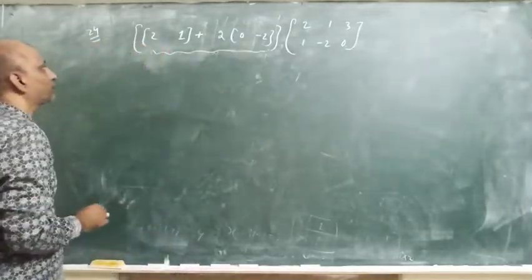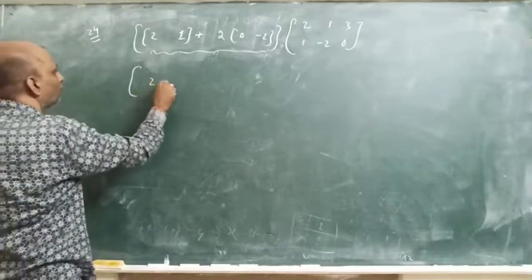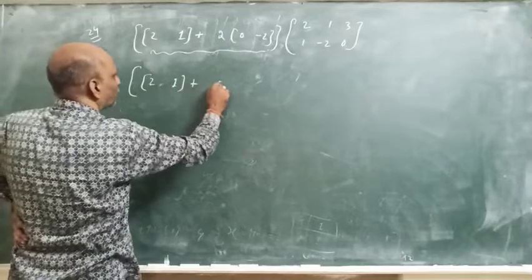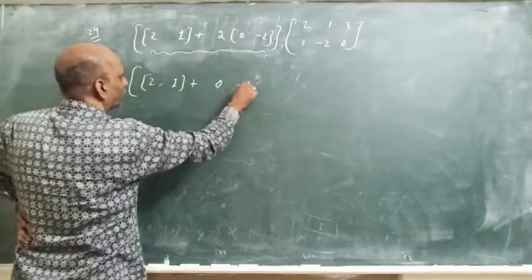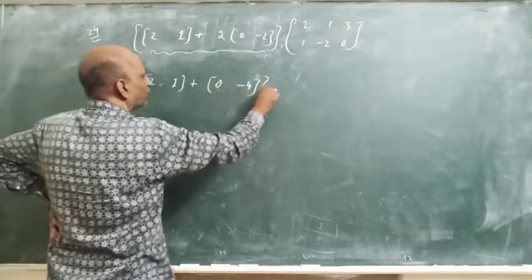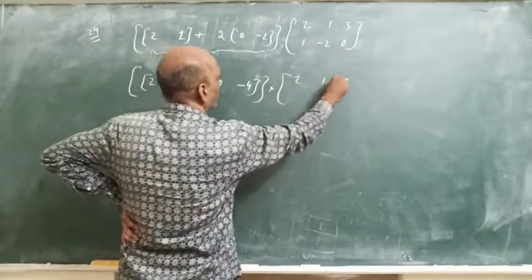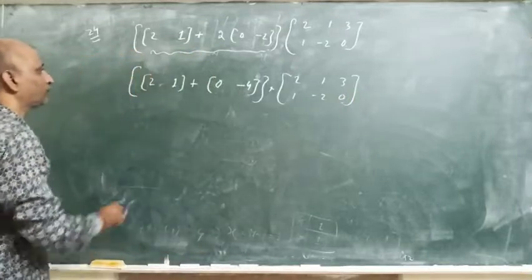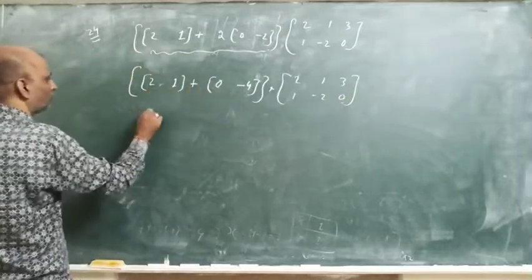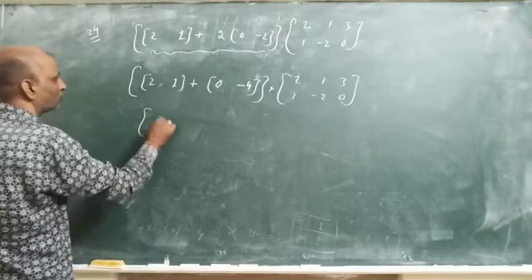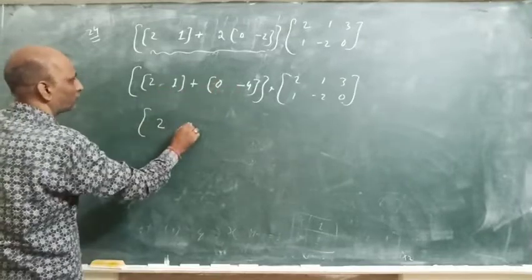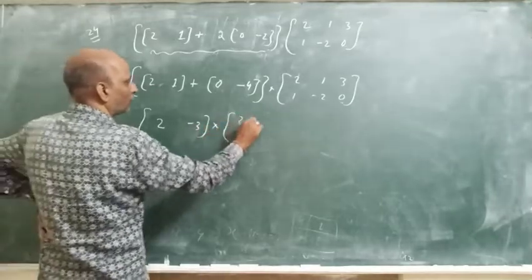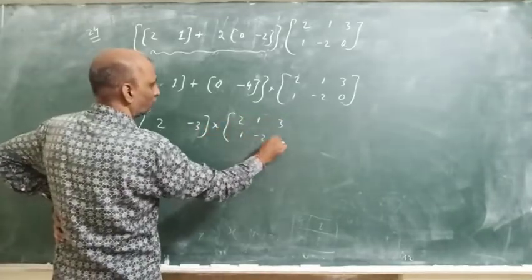Okay, 2 1, 2 into 0 0 minus 4 into 2 1 3 1 minus 2 0. Now add this. What you will get: 2 plus 0 is 2, 1 minus 4 that is minus 3, into 2 1 3 1 minus 2 0.